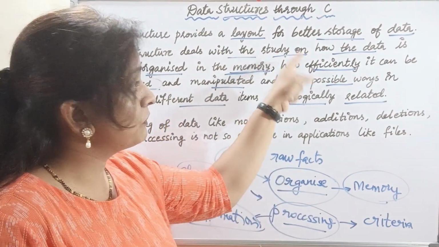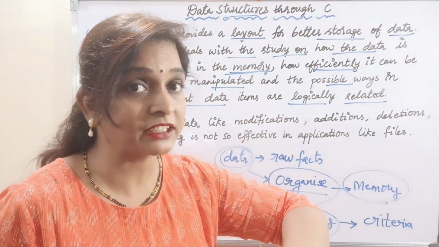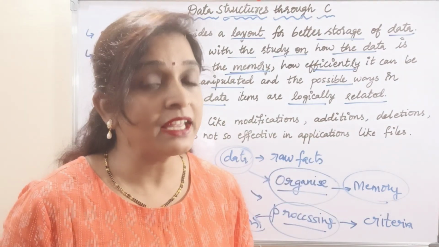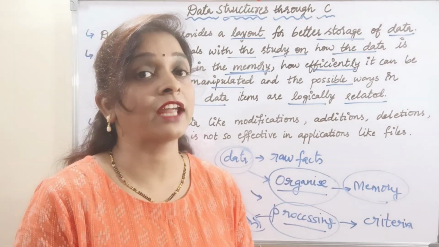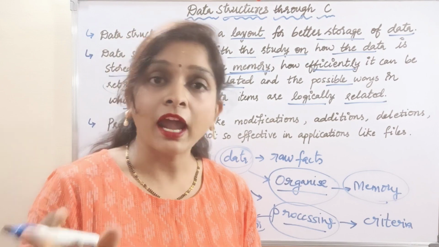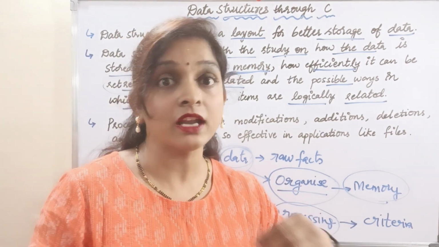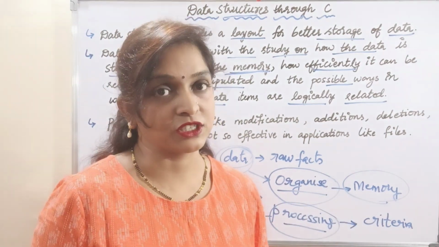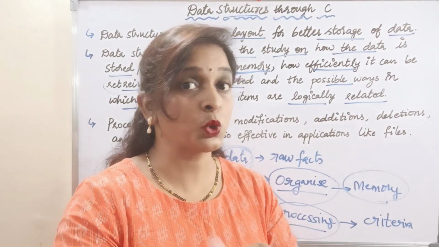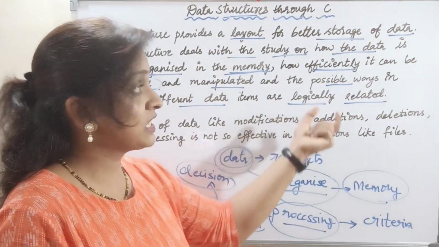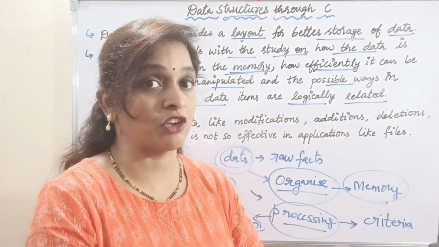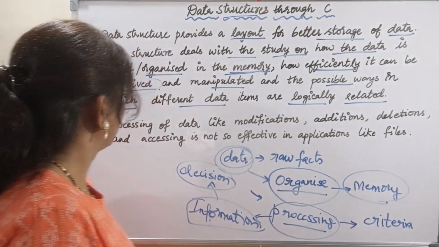It is going to deal with how the data is stored inside the memory, how it can be easily fetched, how it can be easily manipulated, and how they are logically related. In the next series, you will understand this logical relationship.